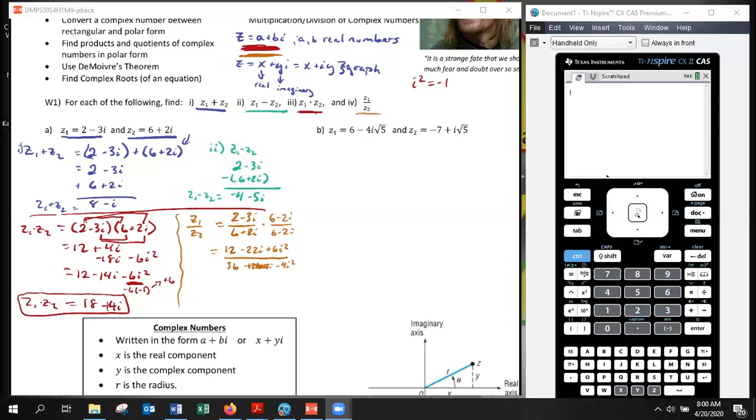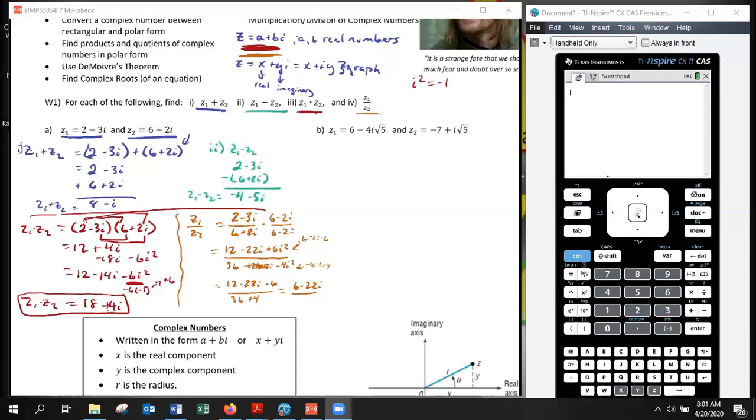And at this point, we're going to say 6i squared is equivalent to 6 times negative 1, or negative 6. And this negative 4 times i squared is negative 4 times negative 1, which is positive 4. So that gives us 12 minus 22i minus 6 over 36 plus 4, or 6 minus 22i over 40.